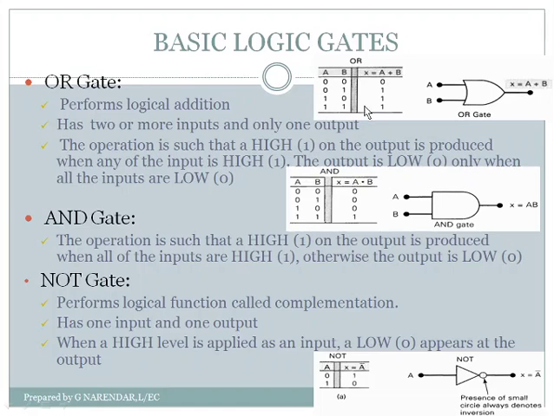The truth table shows all possible combinations of the inputs. Here we have two input variables, and it shows all possible combinations.